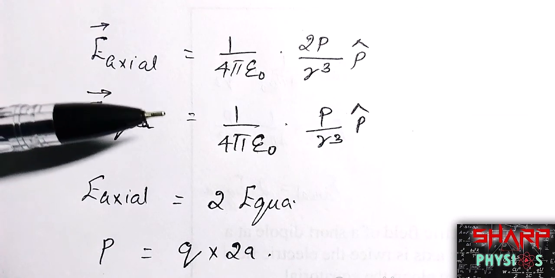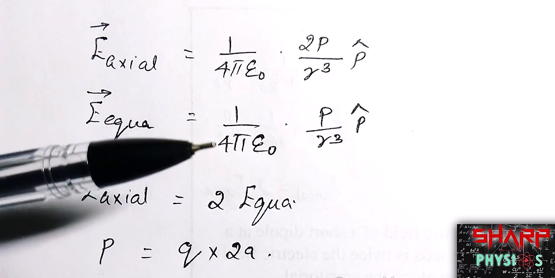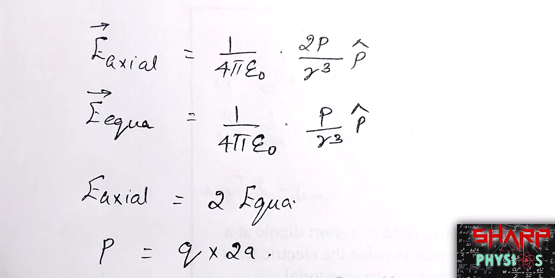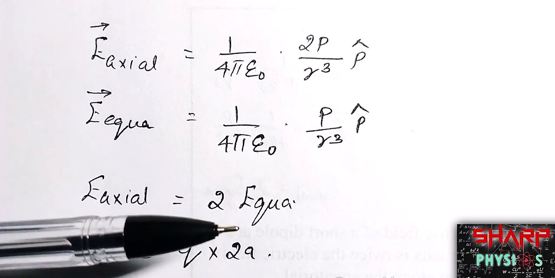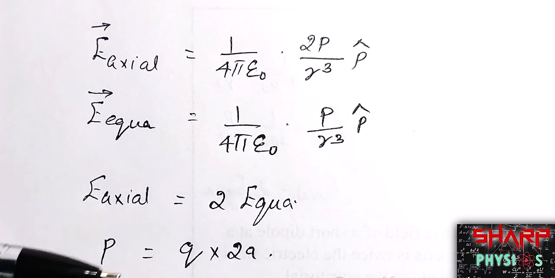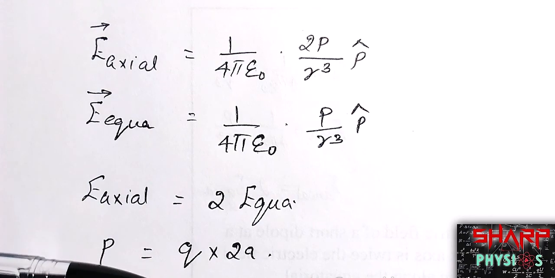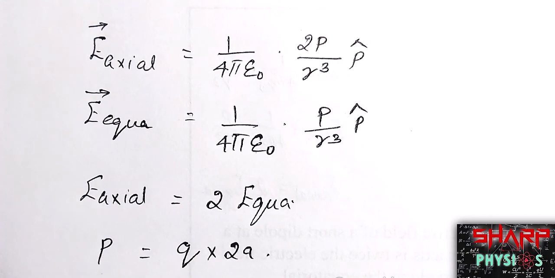E equatorial is equal to 1 by 4 pi epsilon 0 into p by r cube, p cap. E axial is equal to 2 into E equatorial. P is equal to Q into 2a. So learn these formulas by heart and keep them in mind to solve the problems easily.